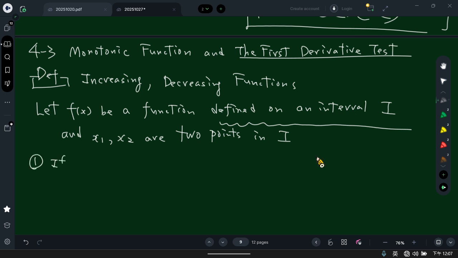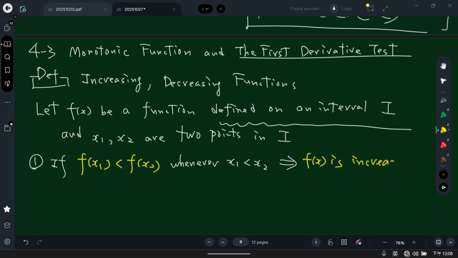First, if f of S1 is always less than f of S2 whenever S1 is less than S2, then we will say f of S is increasing in I. Remember, we just focus on I instead of the whole complete domain, okay?